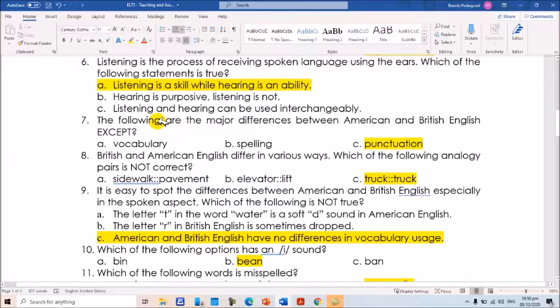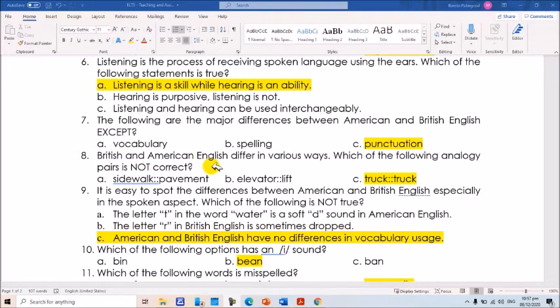Alright, so number seven, the following are the major differences between American and British English except punctuation is the answer. We all know that AME and BRE differ in vocabulary and spelling. Alright, so moving on to question number eight.